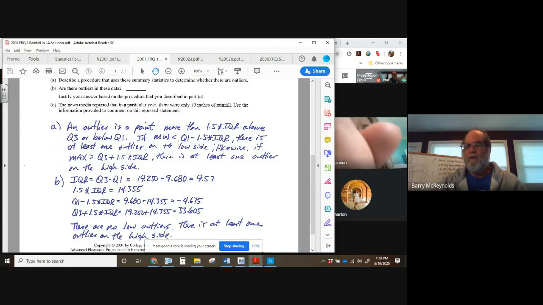It is well known and well used, and from the first time I took statistics, I remember talking about this. So it is a good rule of thumb, but it's not the only one. If you want, you could say an outlier is more than 3 standard deviations away or more than 2.7.